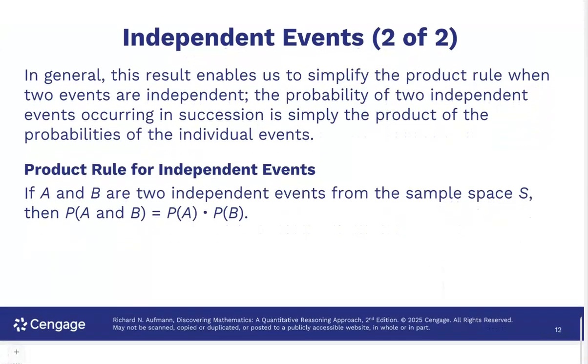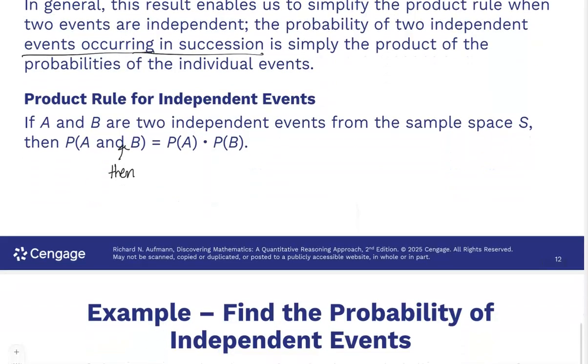And if the two events are independent, then the probability of A and B is going to be equal to the probability of A times the probability of B. Now, we're talking about events occurring in succession again, so this is really "and then." The probability A happens and then the probability of B happens.